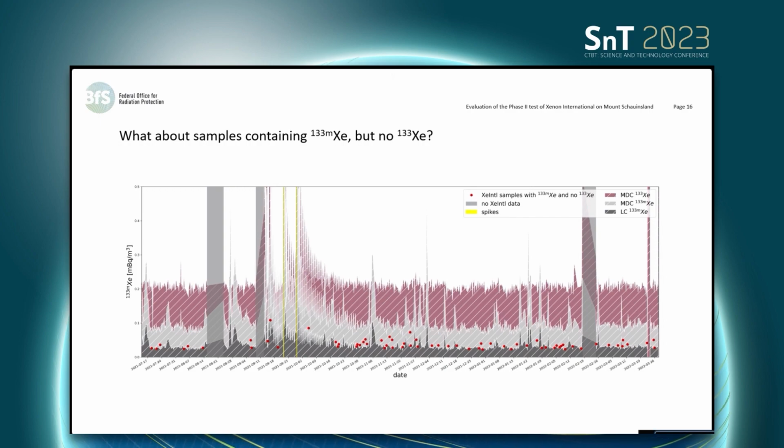Here you can see the MDC of Xenon 133, which is in this reddish color in the background. And what's plotted, these red dots, is the activity concentration of Xenon 133M in samples that don't have Xenon 133. We would always expect to have Xenon 133 in a sample where there is Xenon 133M, because that's just where it goes.